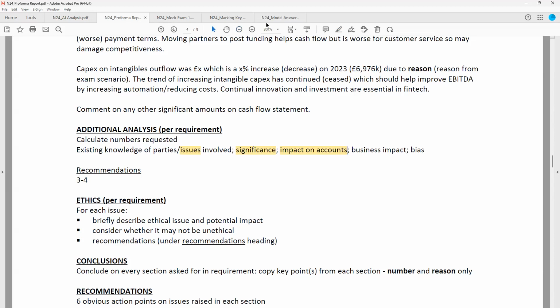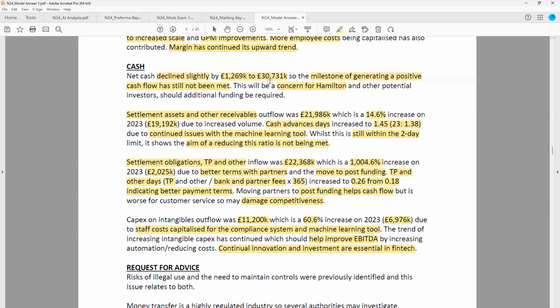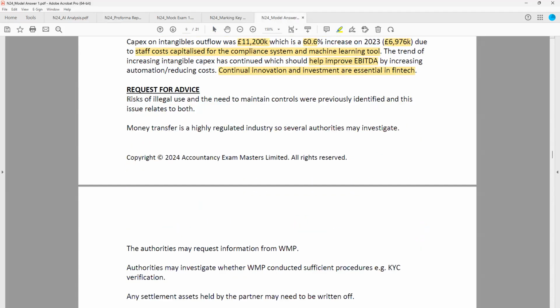The impact on the business as well. So we can obviously link this back to the risks, always thinking back to that risk register. So risks of illegal use and the need to maintain controls previously identified, and this issue relates to both. So just saying how the issue relates to items we already know about from the AI.